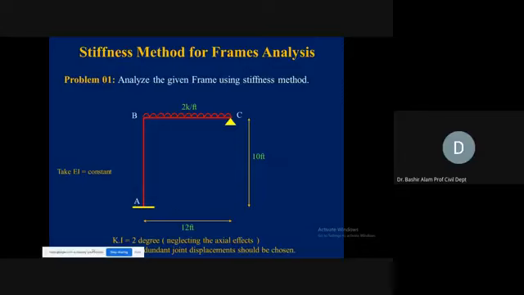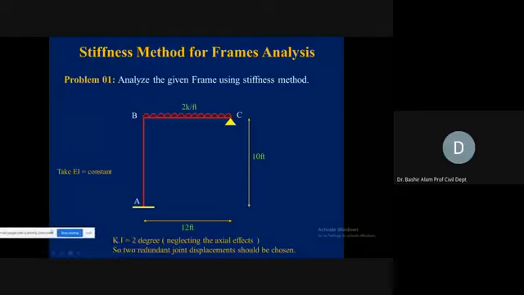Now at the bottom you can see this note, kinematic indeterminacy of this problem. We declare 2 degrees, when we neglect the axial effects. So 2 redundant joint displacements should be chosen. And which are those 2?